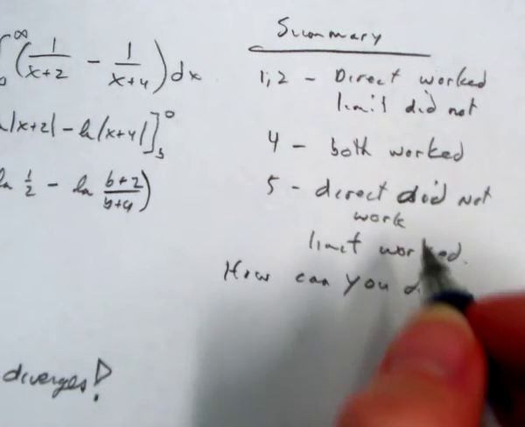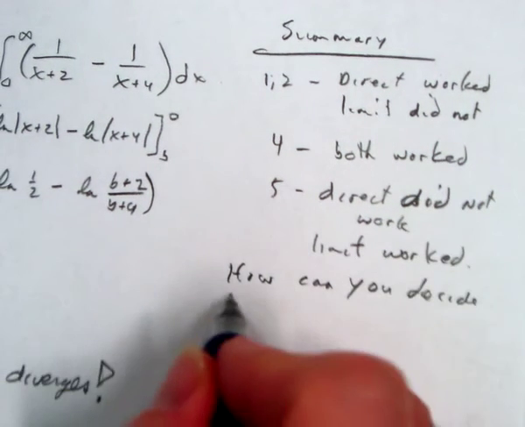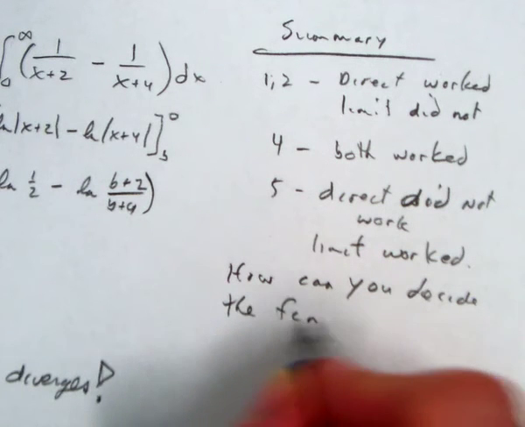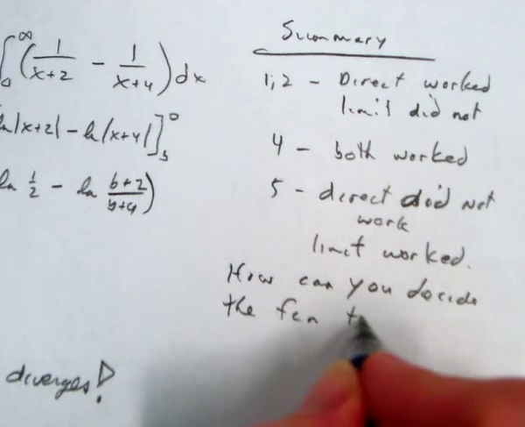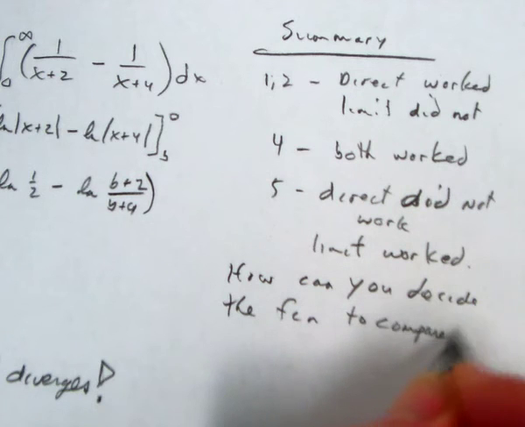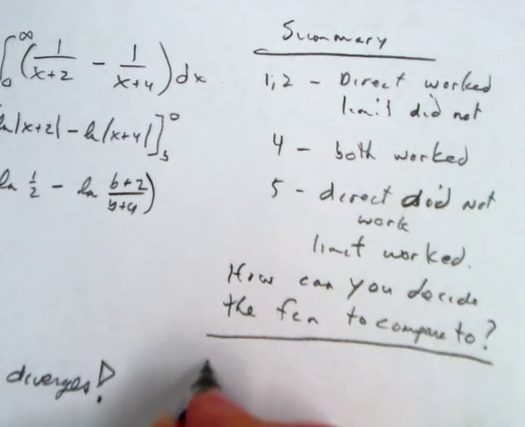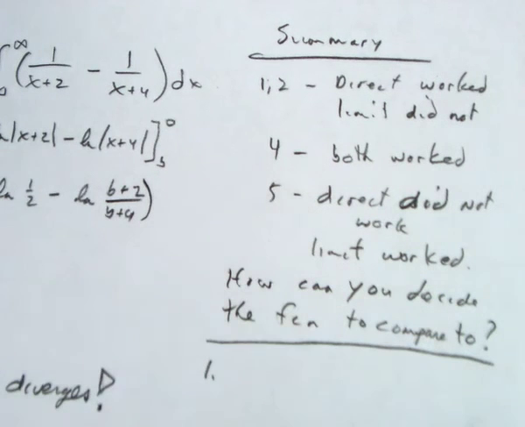How do you decide the function to compare to? I was getting a little ahead of myself. Remember, FCN is just function to compare to. Go ahead and write these down. If you have sine x, cosine x, you replace it with 1, since that's the max value of it.